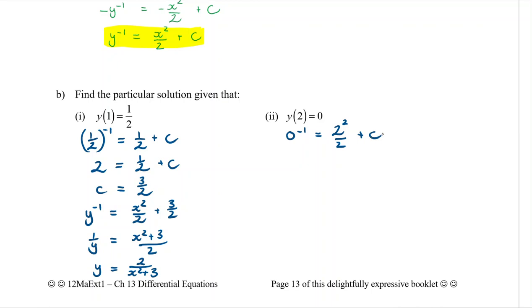What's the problem with that? What does that 0 to the -1 actually mean? 1 over 0. Undefined. So it means this is impossible and there is no solution at this point.